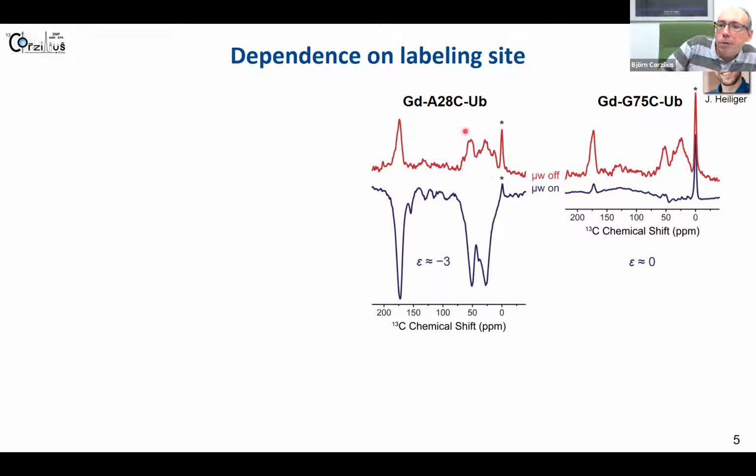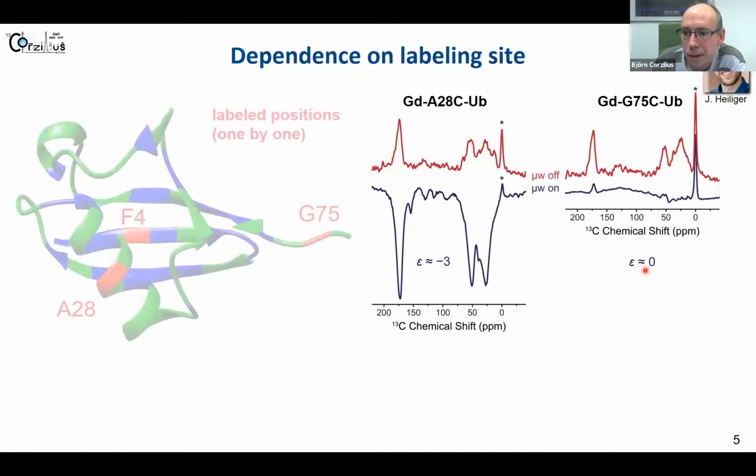But if we now compare two different labeling sites, for example, this A28C labeling, and I will show you the position in a moment, and we just compare this to the G75C position, then we see at the G75C, there's practically no enhancement measurable. In fact, we actually kill our signal completely, practically reducing our NMR intensity to baseline by not fully inverting.